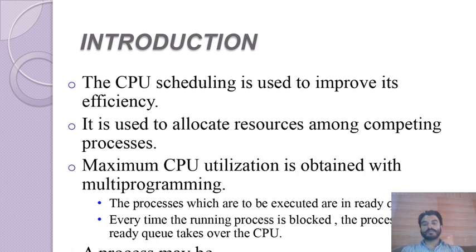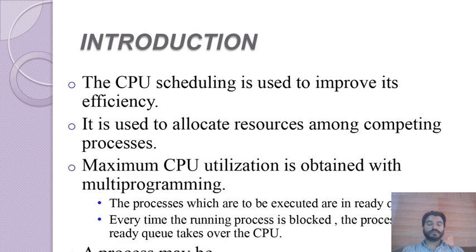When these programs reside in main memory, they are looking for a resource for completing their job. So there are many programs looking for the same resource. Then who decides which program will be allocated the resource? It is the CPU scheduling algorithm that decides which program is allocated to a resource.